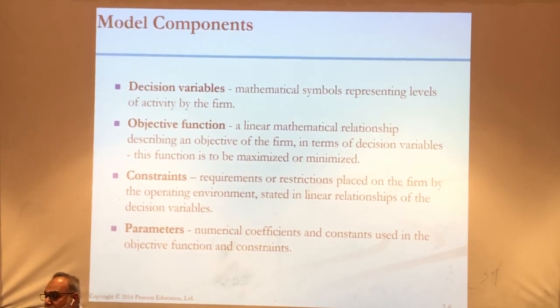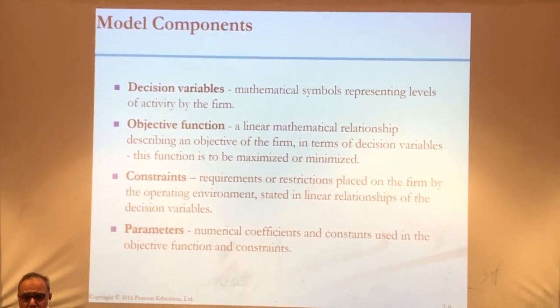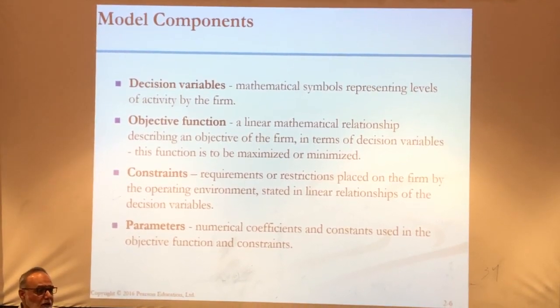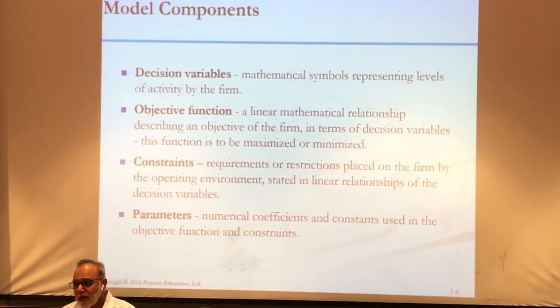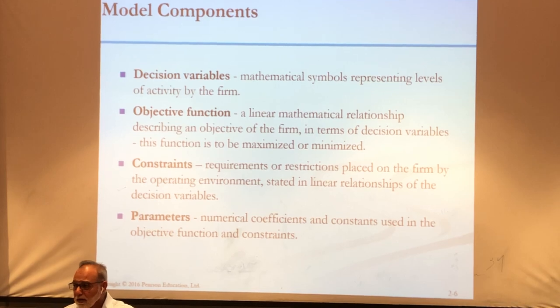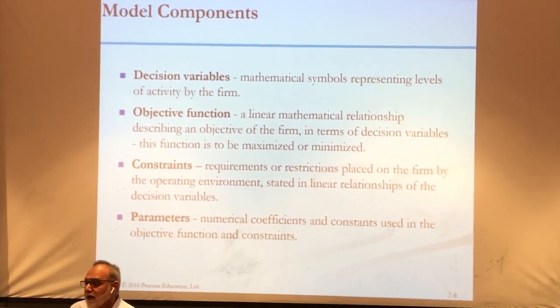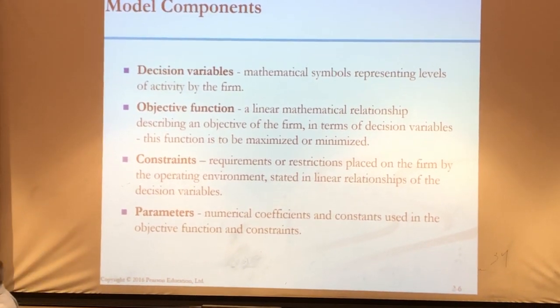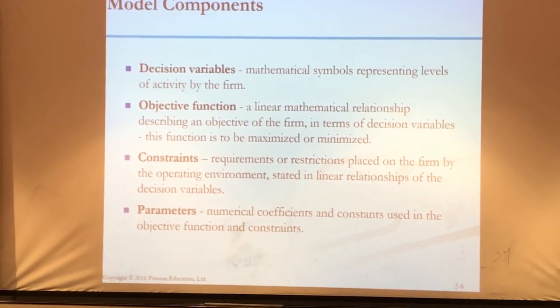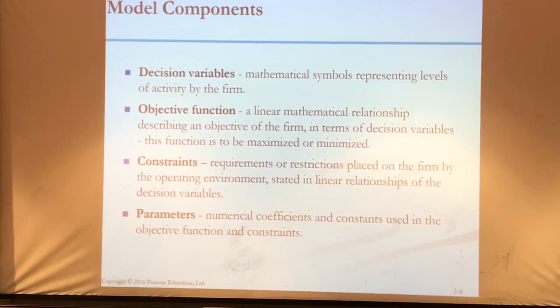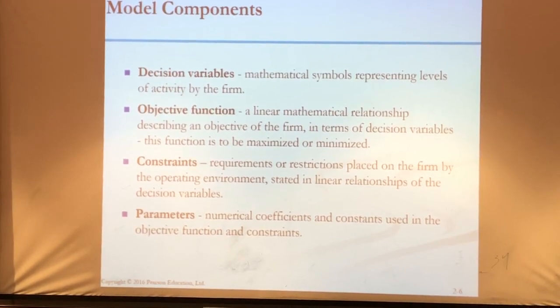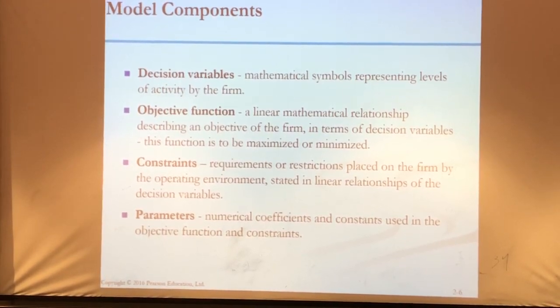Now the table may be bringing 7 riyals profit and the chair 5 riyals per unit. So this 7 or 5 is a constant in the objective function, and that is called a parameter. Similarly, in the constraints there will be some constant numbers or coefficients which will also be called parameters.